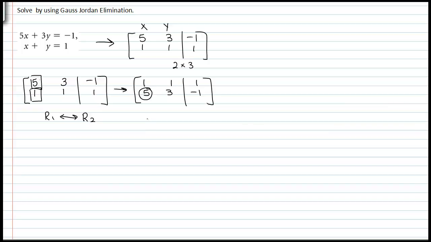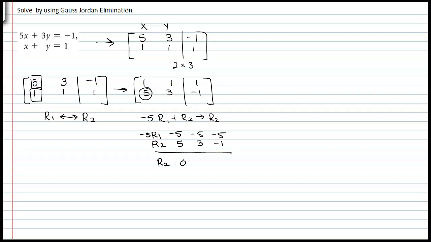So we're going to take -5, multiply it to row 1, add it to row 2, and the answer is in row 2 because that's where I want the 0 to be. So -5 times row 1 is -5, -5, -5. Row 2 is 5, 3, and -1. And my new row 2 is going to be 0, -2, and -6. Row 1 does not change.